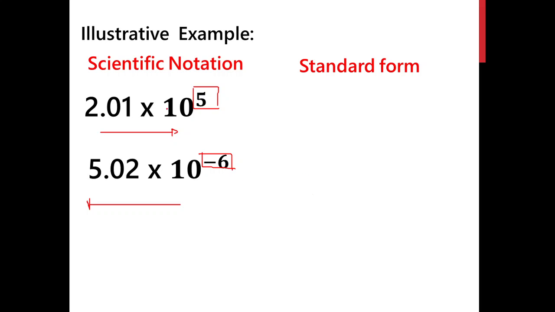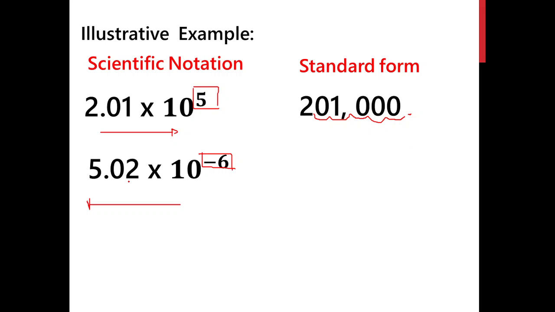Now, the standard form for this one is 201,000. Because the exponent is 5, the decimal place is here, and then you need to move 5 times to the right. So from here, you have 1, 2, 3, 4, 5. So your decimal place is here, and then all you need to do is to add zeros on the empty space.